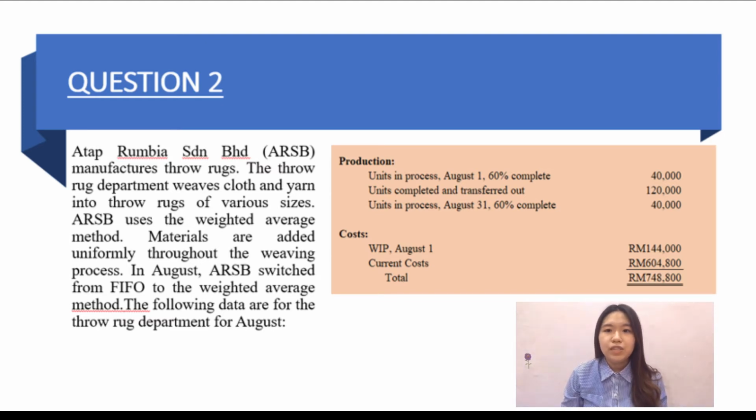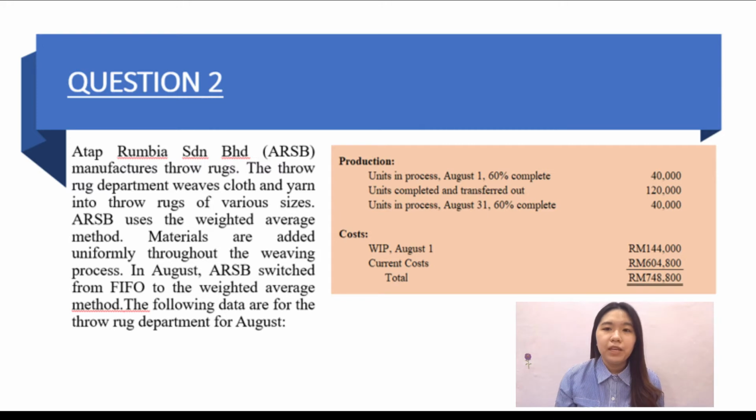Question 2 shows the data for Chorak Department of Adab Rumbia Sdn Bhd for August. The units in beginning work in process consist of 40,000 units that were 60% complete, units completed and transferred out with 120,000 units, and units in ending work in process on 31 of August consist of 40,000 units that were 60% complete.